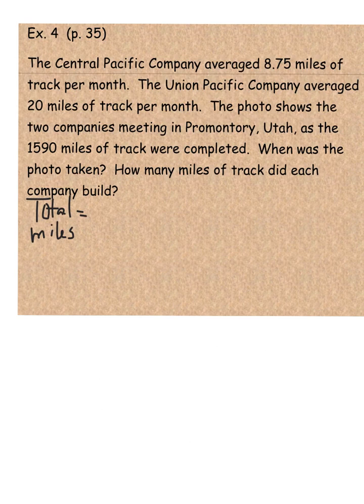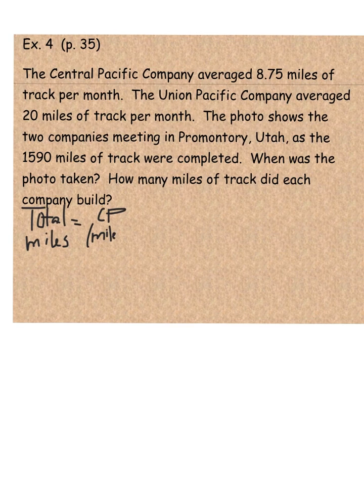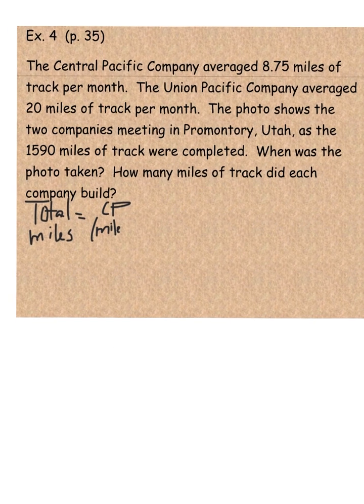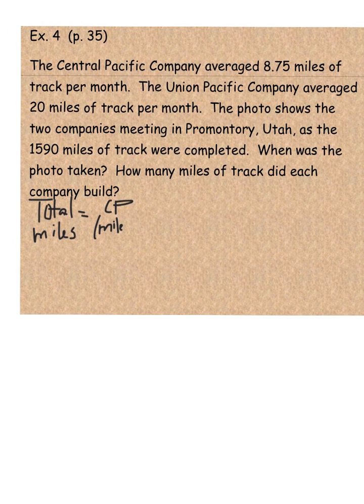How many miles per month times the number of months that it took for each company. So for the Central Pacific Company, we're going to look at their miles per month times the number of months.